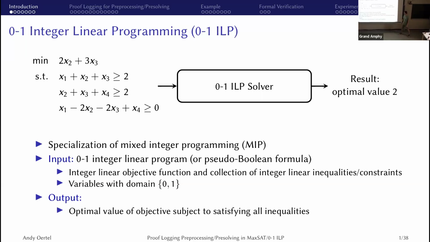We are also given constraints, which are integer linear inequalities. So basically the goal is that we want to satisfy all the inequalities and find the minimum solution with respect to the objective. Important here, and that's why it's called 0-1 integer linear programming, is that the variables only take Boolean values, so 0 and 1.